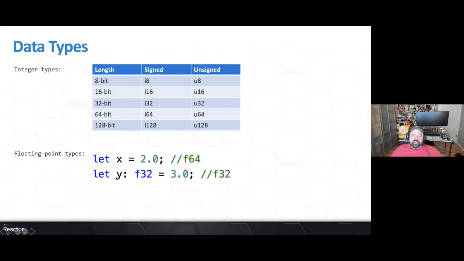So we would say, let y be interpreted as a 32-bit floating point number, even if you might otherwise come to that conclusion based on the defaults of the language. So in this case, x will be interpreted as a 64-bit floating point number, but because of the type annotation on y, the compiler will know what we intend it to be.